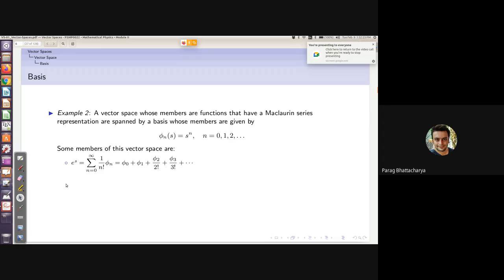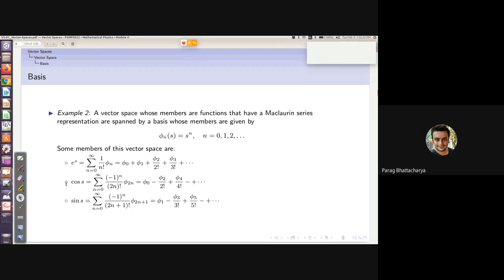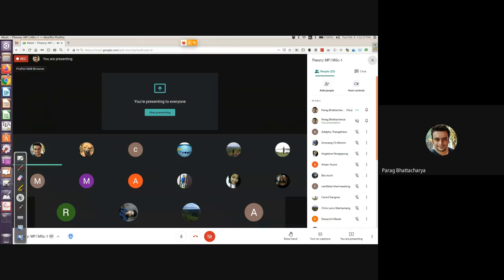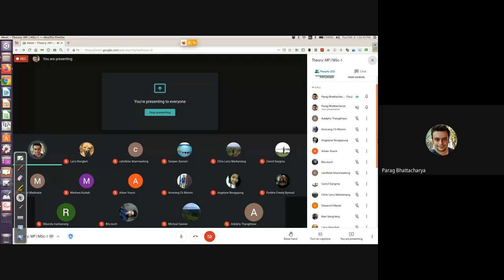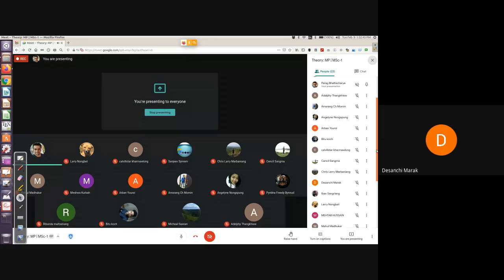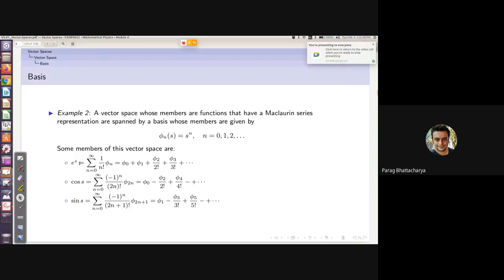Calvil star, are you there? Desanchi, are you there? Yes, sir. What is the dimension of this vector space? Example number 2. What's the dimension? Anybody would like to help her?